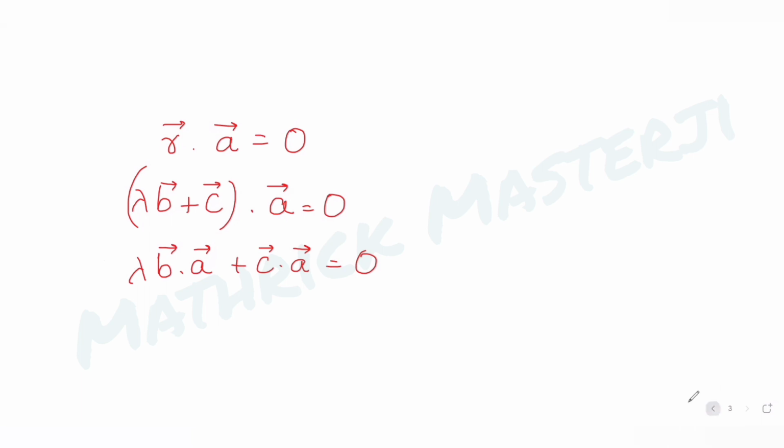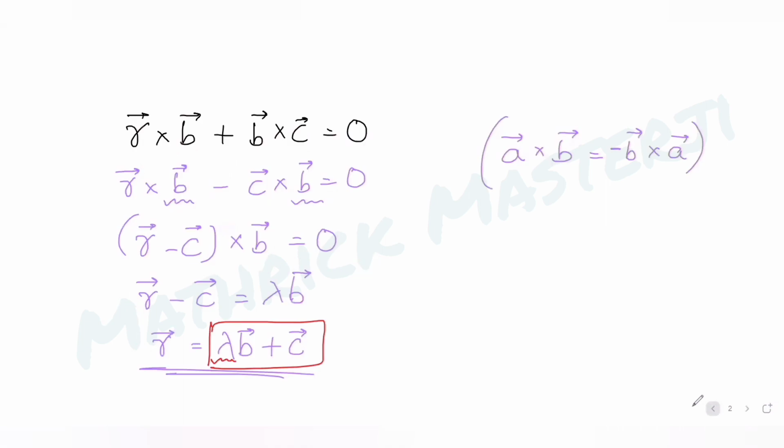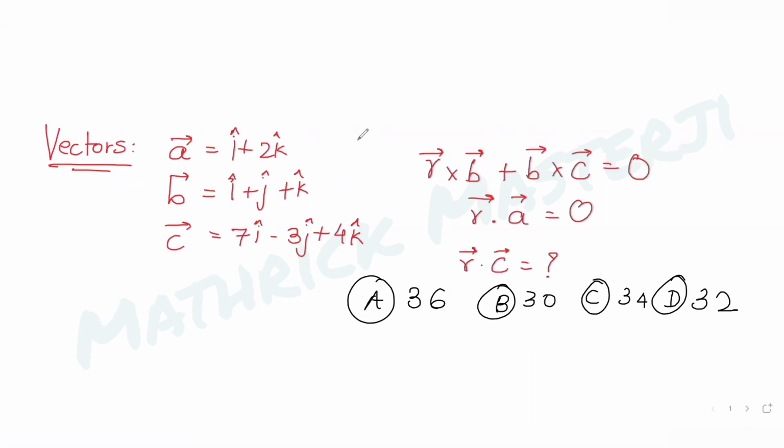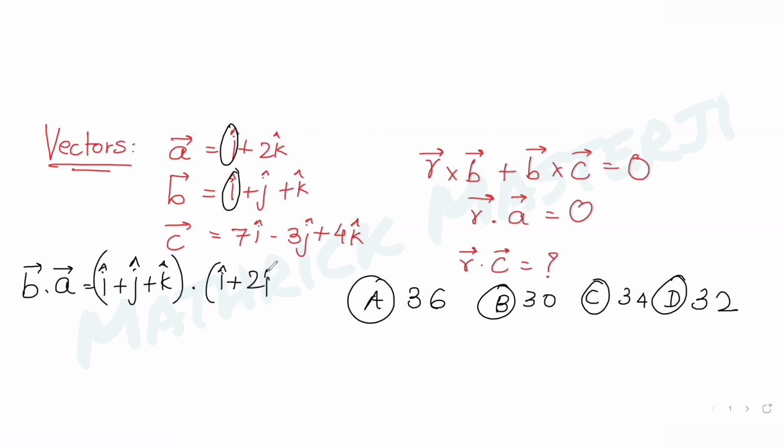Now let's find the dot product B bar dot A bar. B bar dot A bar means (i plus j plus k) dot (i plus 2k).